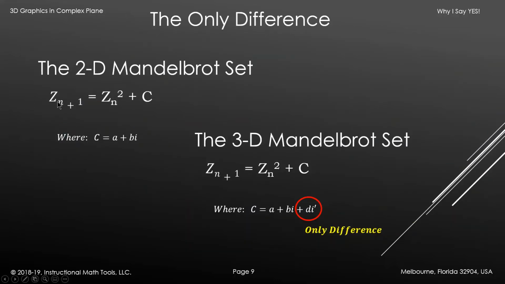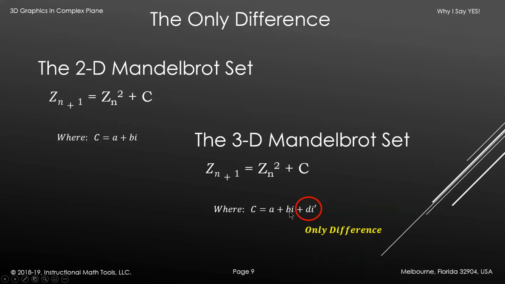What's the difference? The only difference in the Mandelbrot set with the recursive equation as outlined here, where Mandelbrot assigns C as A plus BI, is that it's exactly the same in the 3D environment, with the only difference being the addition of an I prime, the DI prime. That is the only difference.